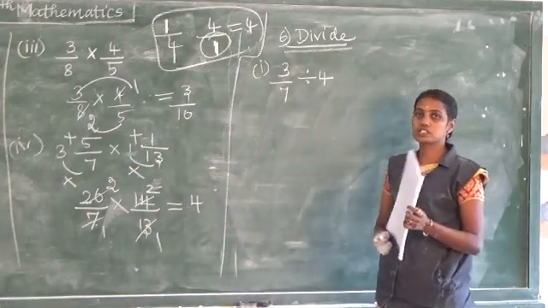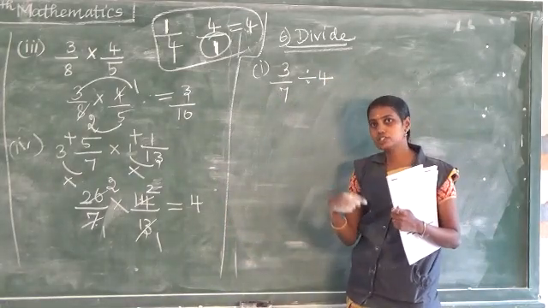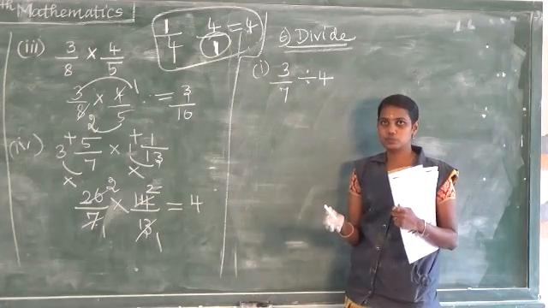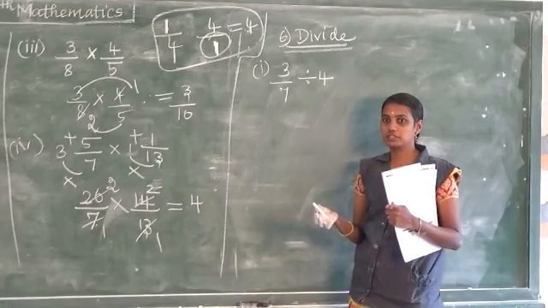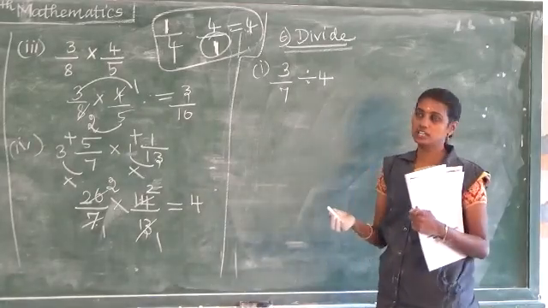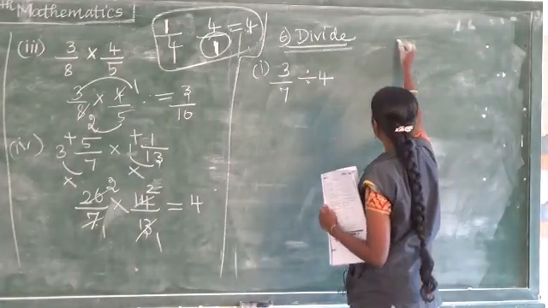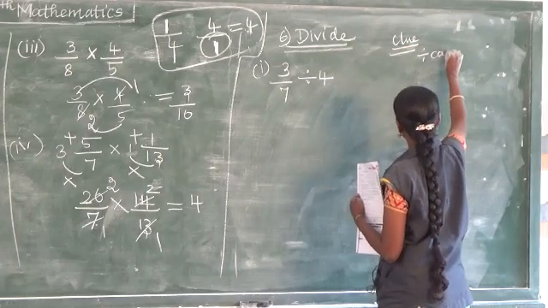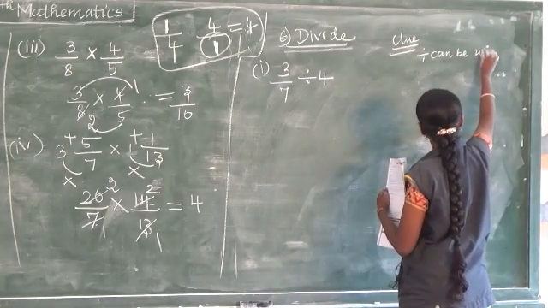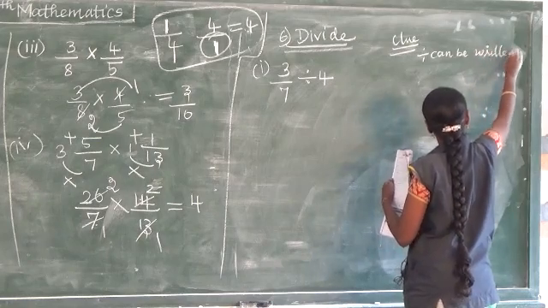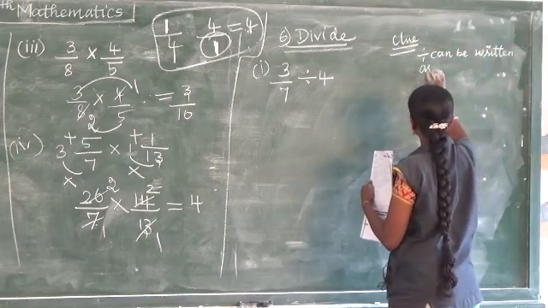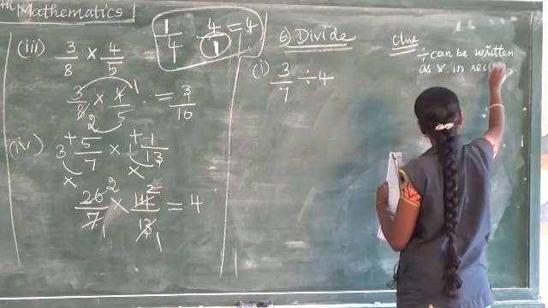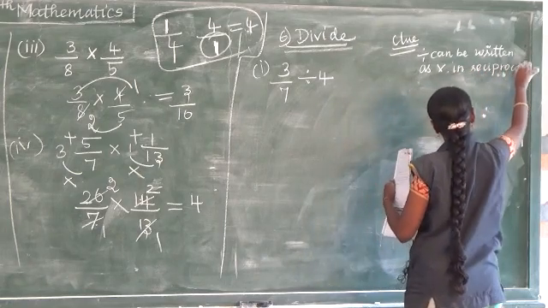In the first itself I said the division can be written as multiplication in the reciprocal form. That is a clue for you. Multiplication in reciprocal form.